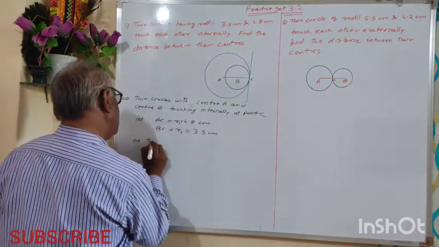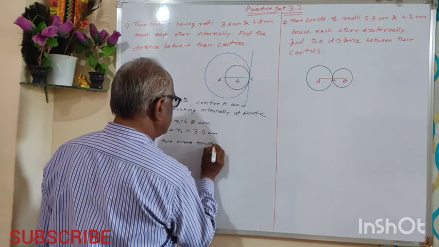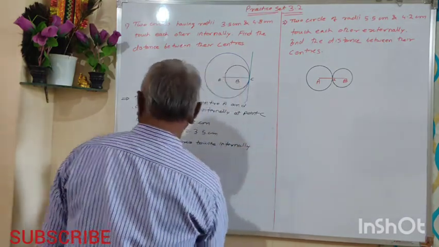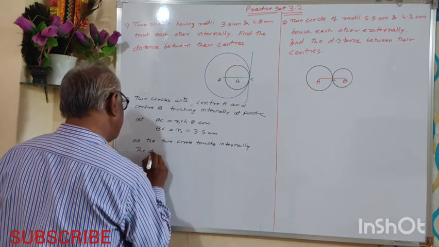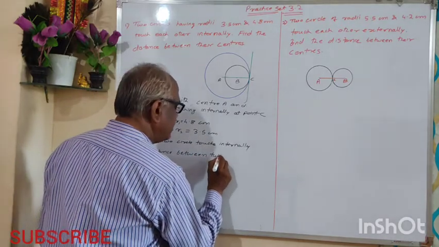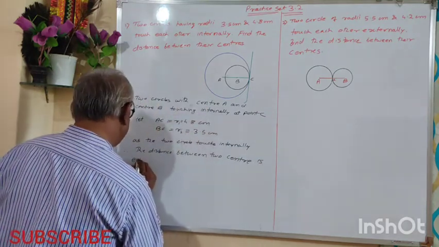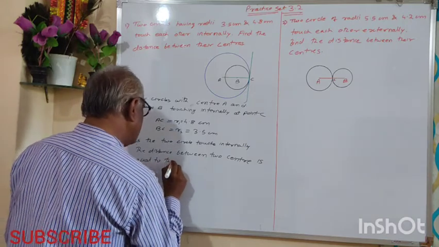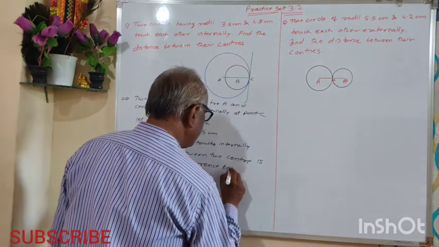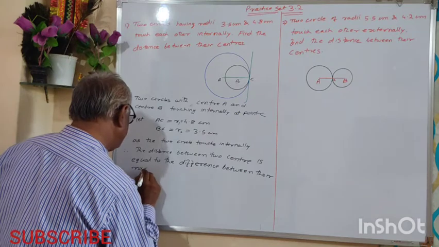As the two circles touch internally, therefore the distance between the two centers is equal to the difference between their radii.